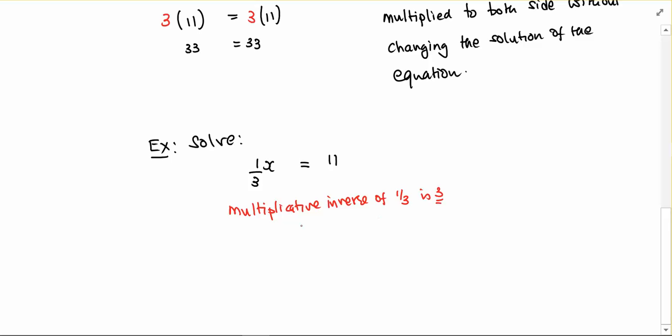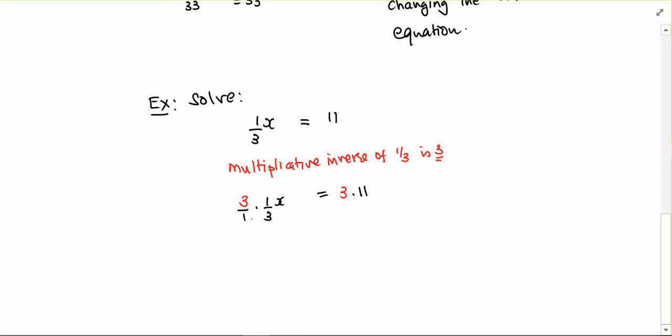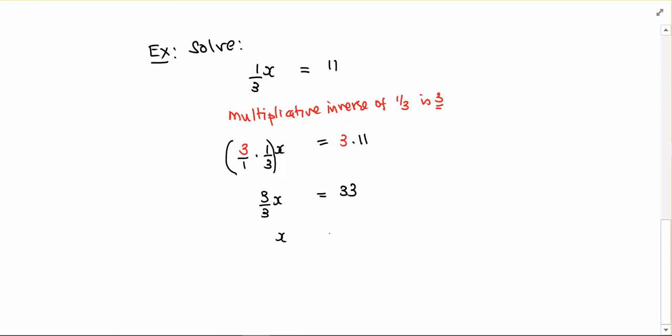So this is the number I'm going to choose. I'm going to multiply the left side by 3, and I'm going to multiply the right side also by 3, like so. And now, using the associative property again, I can multiply these two. 3 over 3, doing it slowly here, this is 33, and 3 over 3 reduces to 1, so x is equal to 33, and there is your answer.